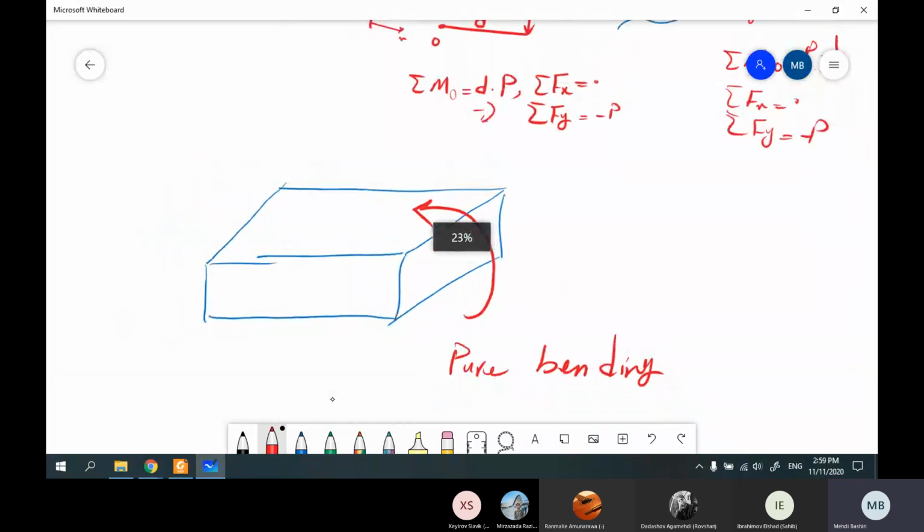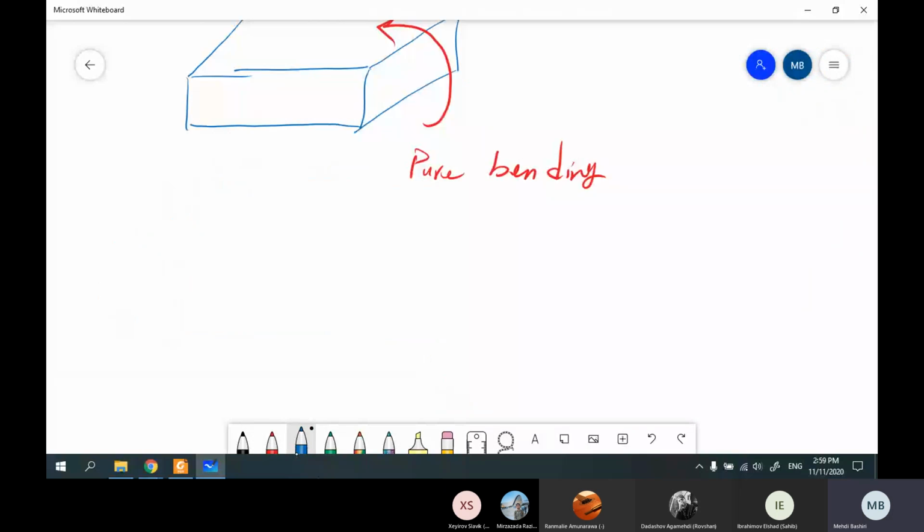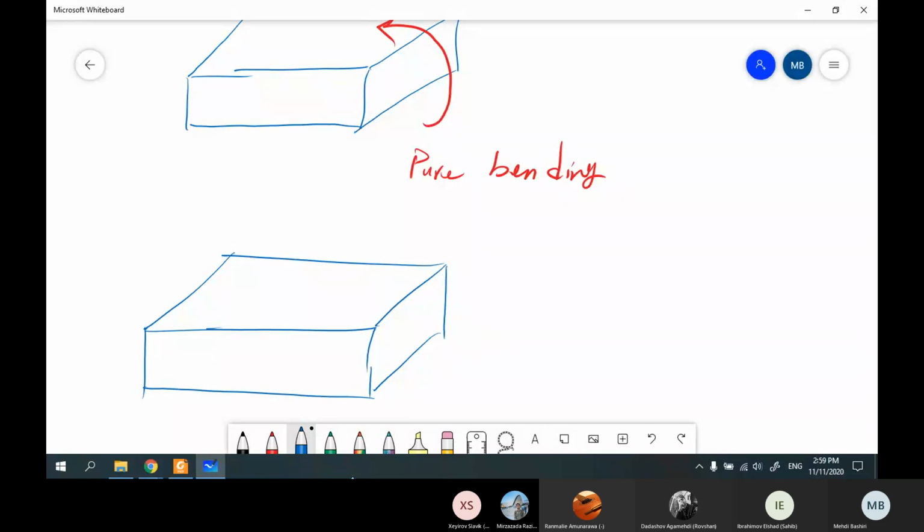In the other case, there is a beam again with the same dimensions, but different loadings. In this case, we have a bending plus an axial load. We have a combination of bending and axial force.